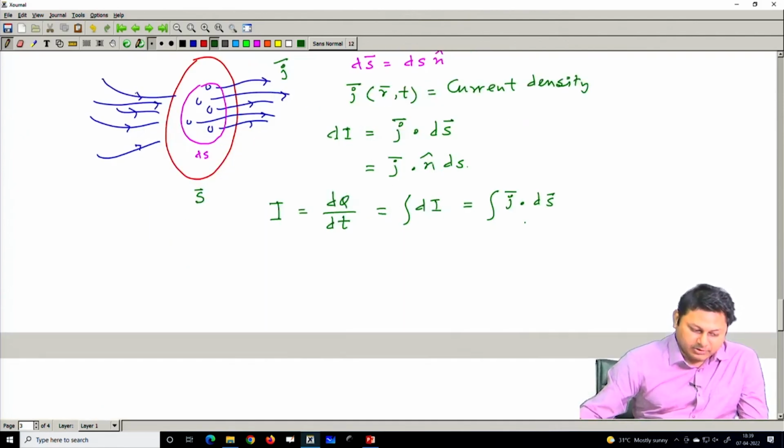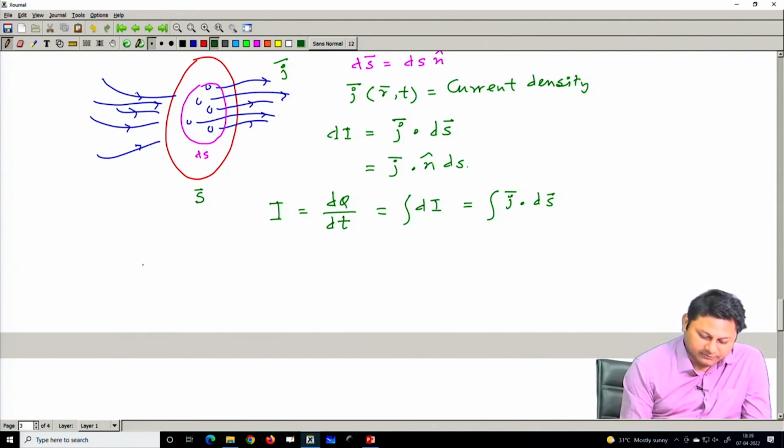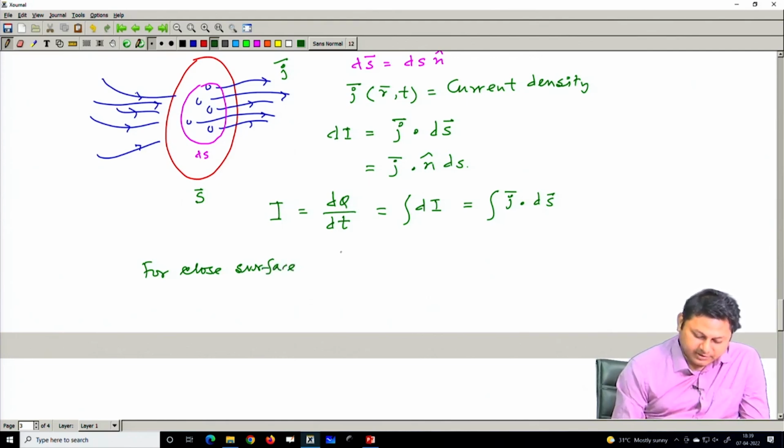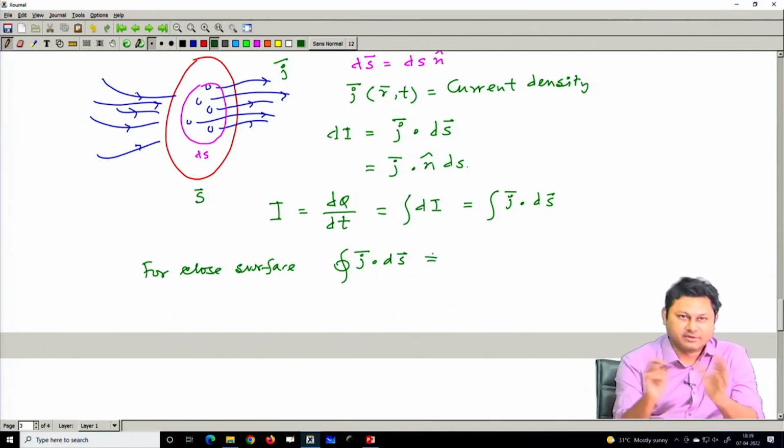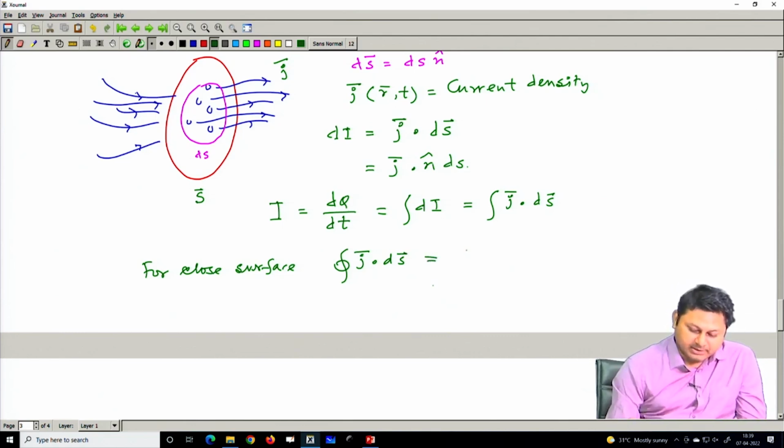Okay. So, now if I have a closed surface, I can have this closed integration. So, J dot ds, suppose the surface is closed, I have a volume kind of thing, then this quantity is eventually the divergence of J. By using the divergence theorem, I can write it. This is my equation, say 1.